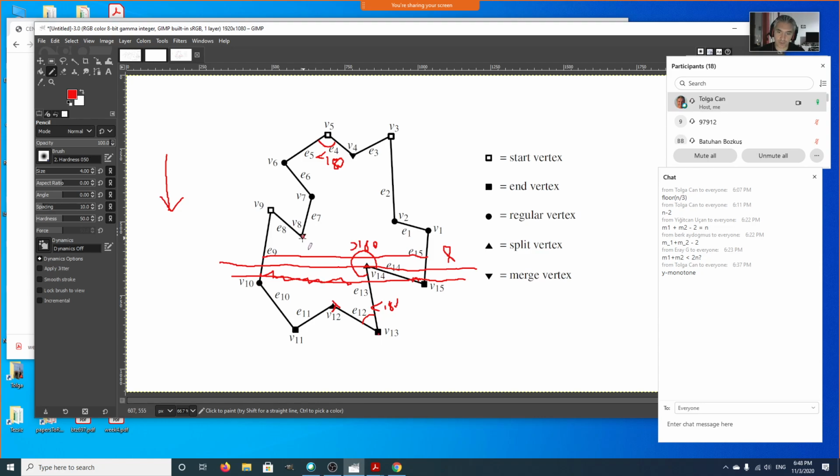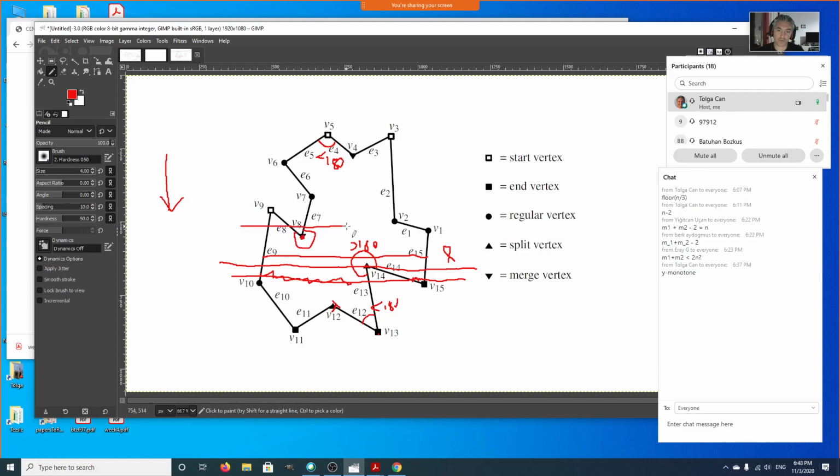If you look at this one, V8, again V8 is like a local minima, but the polygon does not end here because the polygon locally is below this vertex. It was here, it was above, and the interior angle is greater than 180 degrees, and this V8 is called a merge vertex. And again, the naming is intuitive.